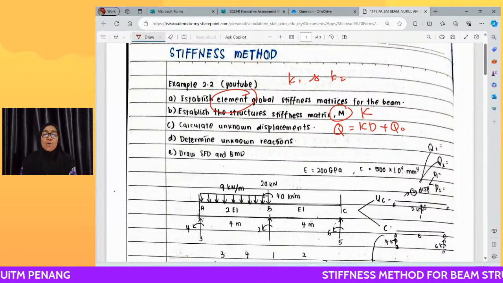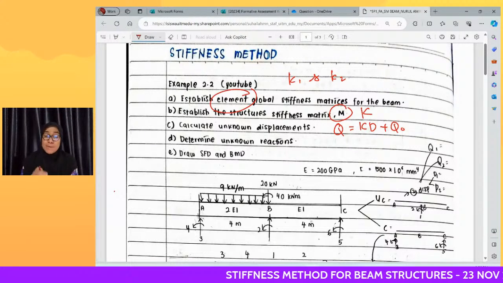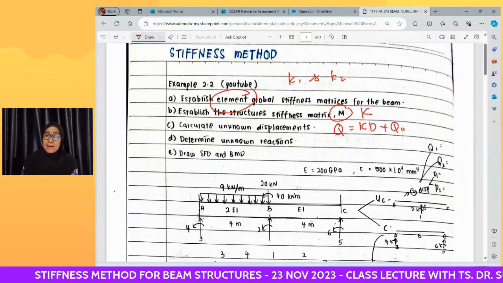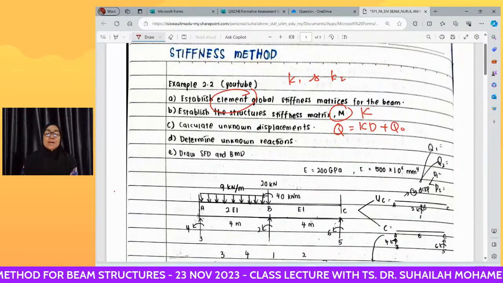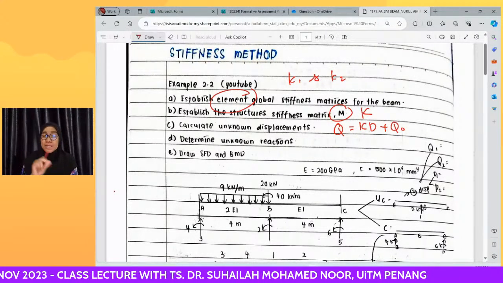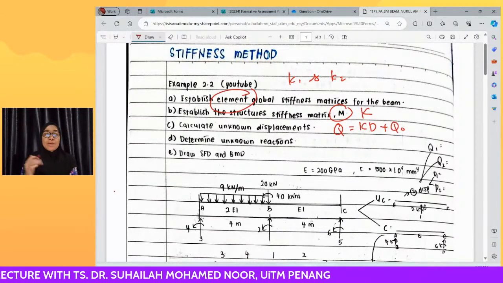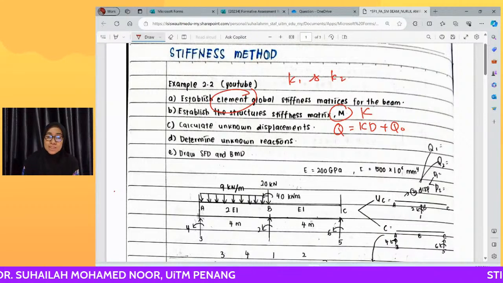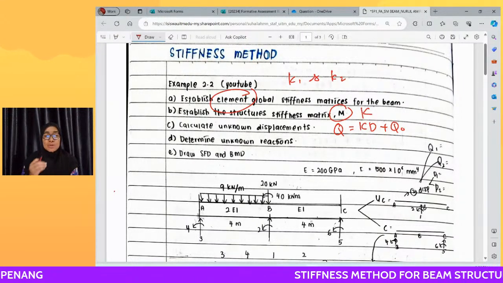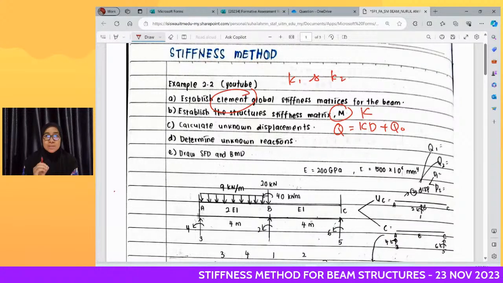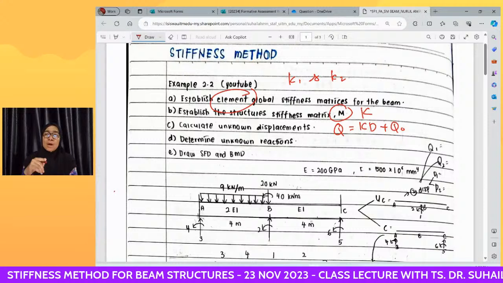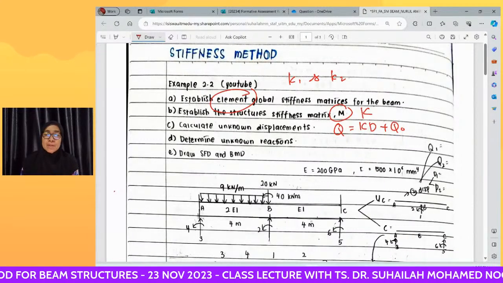This is the equation for a beam, because normally the member will be subjected to a UDL or a point load on the member. Previously, when we analyzed trusses, we just considered Q equals KD, because a truss has no UDL and no point load at the center of the member.